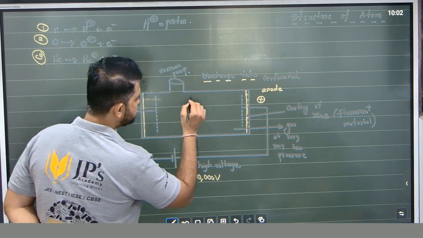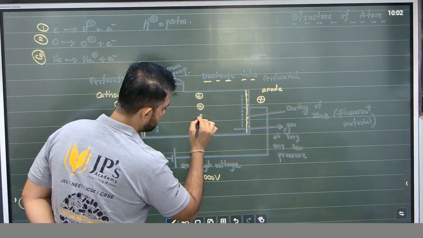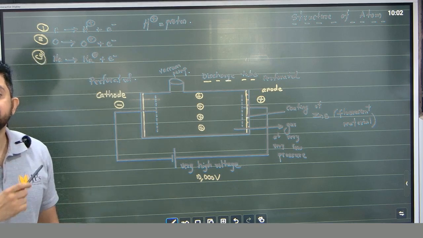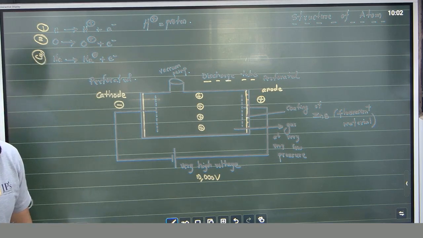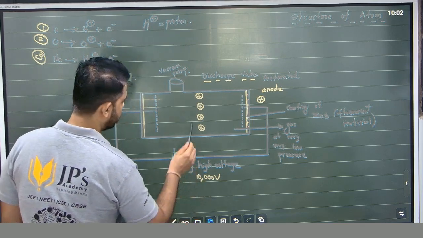So how many such protons? It depends upon the number of H atoms which were ionized. And now, towards which electrode did these particles move? The perforated cathode.